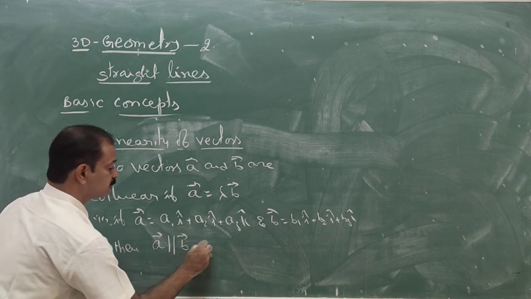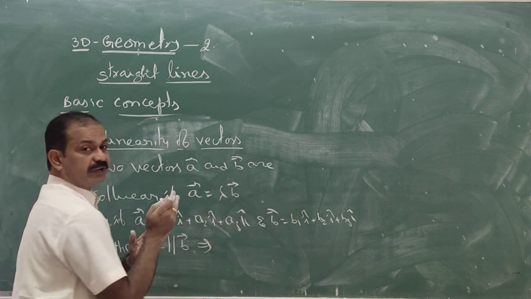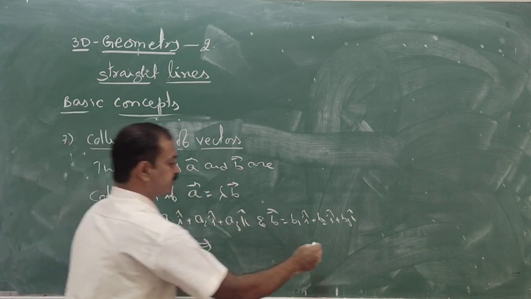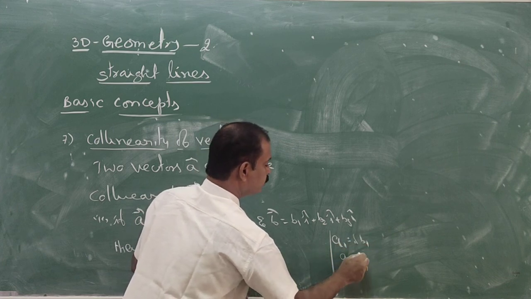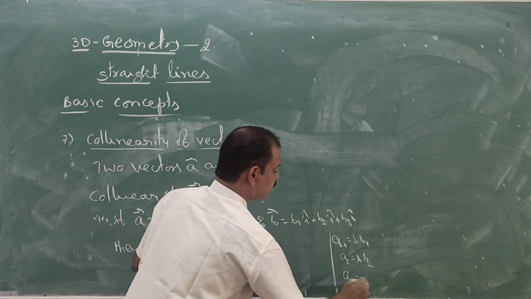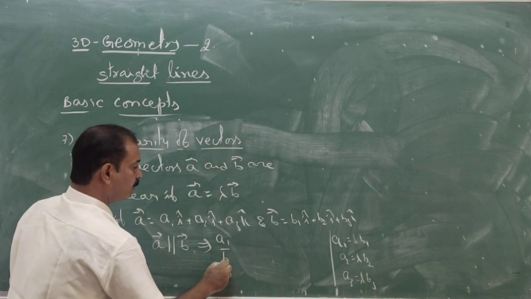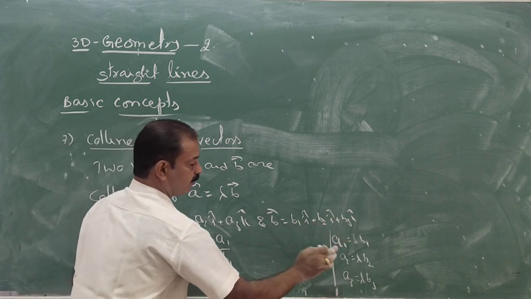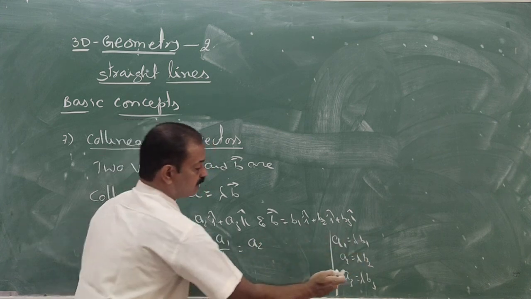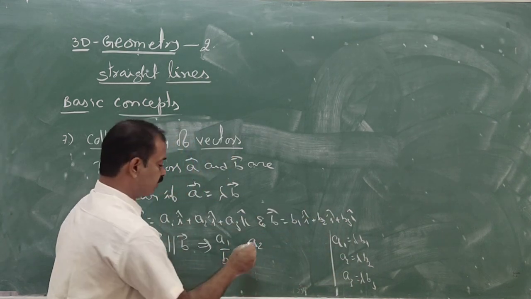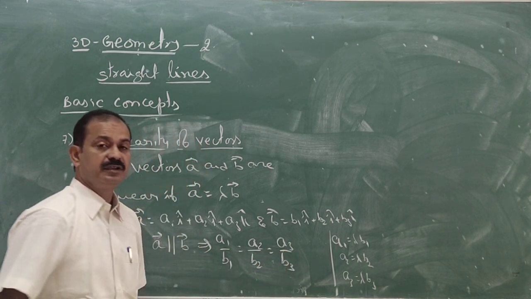A is parallel to B implies this vector is proportional to that vector, meaning corresponding components. Now you can see here A1 is equals to lambda B1, A2 is equals to lambda B2, A3 is equals to lambda B3. When you take the proportion, A1 by B1 is equals to lambda, which is equals to A2 by B2, which is also equals to lambda, A3 by B3, which is also equals to lambda. So A1 by B1 is equals to A2 by B2 is equals to A3 by B3.